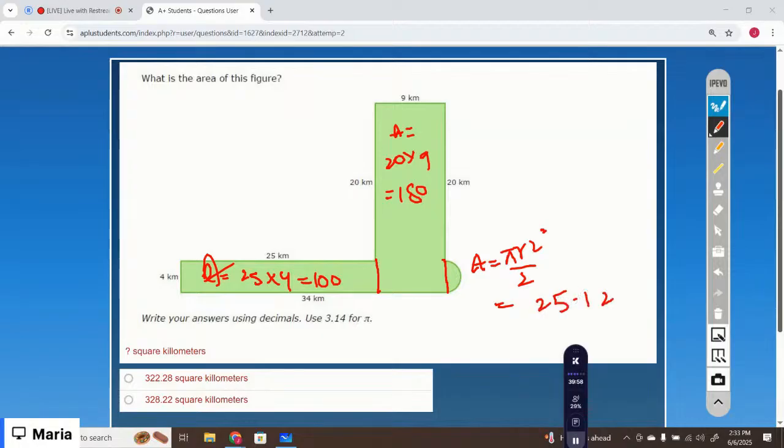So let me just add. That is 100 plus 180 plus 25.1.